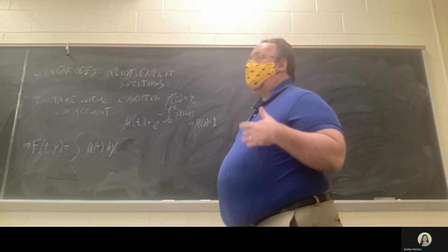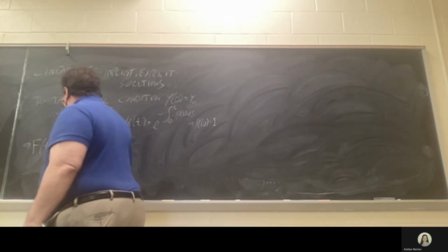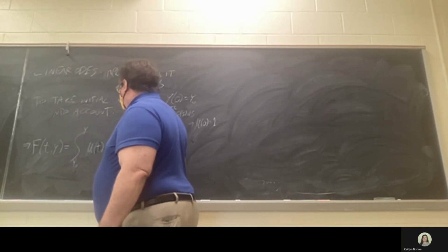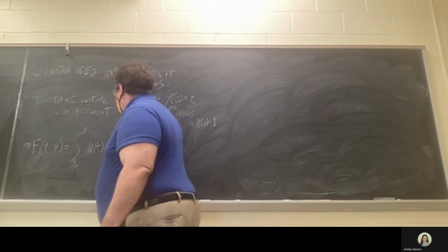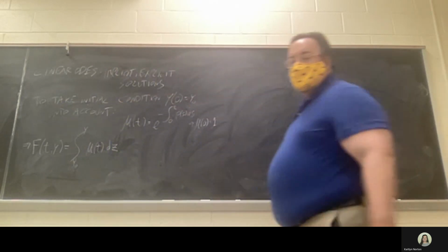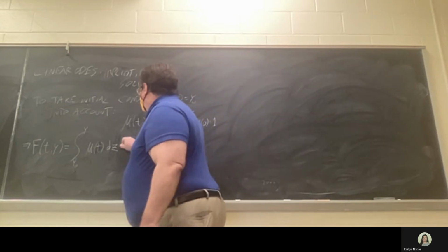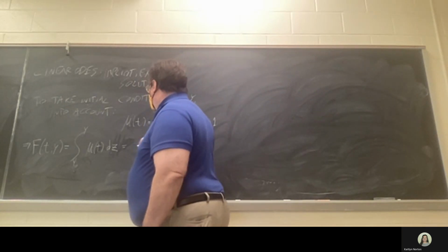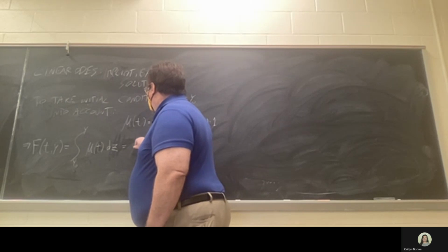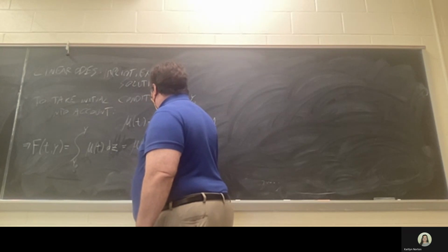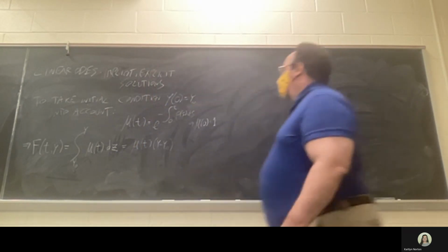I want to make it a definite integral also, so I'm going to have my limits y naught, the initial value, up to y. But now I have to change letters inside, so that's dz. So that's just going to be mu of t times the difference in limits, y minus y naught.